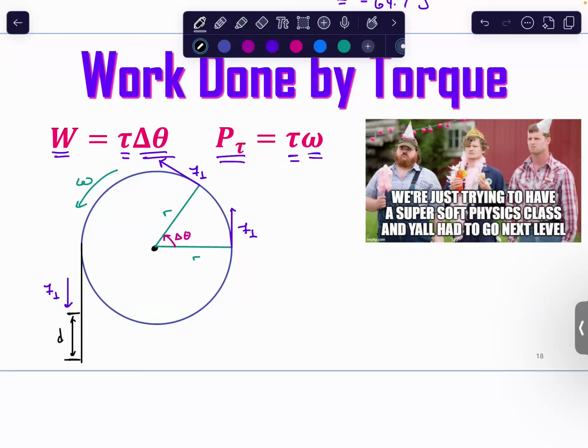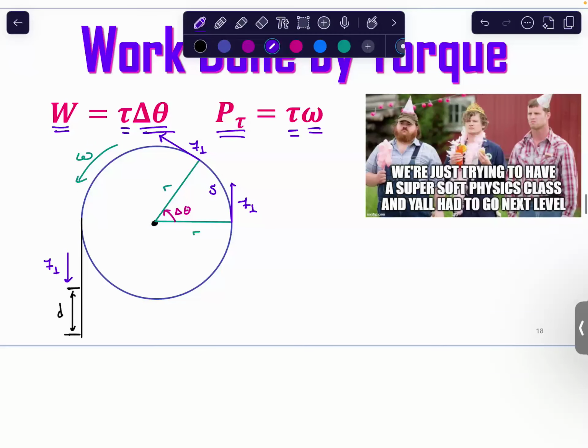It's the distance that the cord will lengthen by as you're pulling on it to rotate the system. You think back, we have this wonderful thing called arc length. So that distance is going to equal the arc length that your object has rotated through. Okay, so let's start looking at the work done.